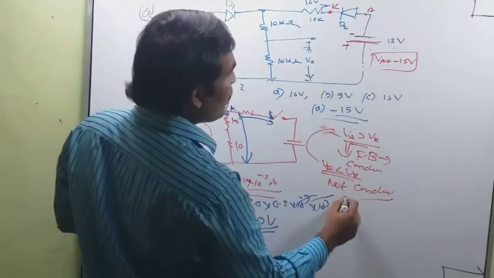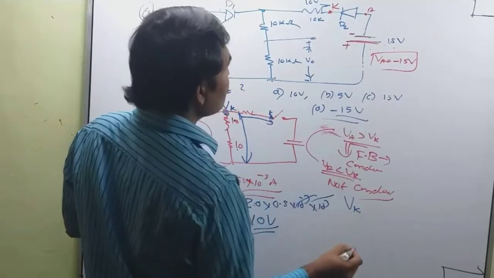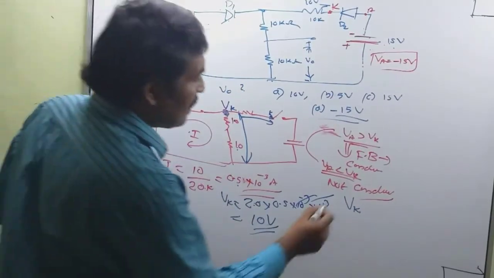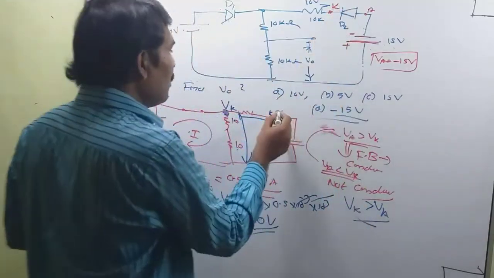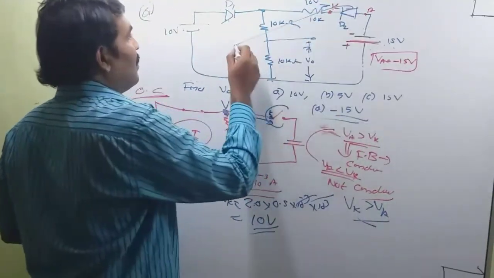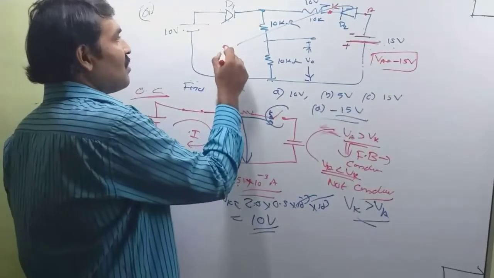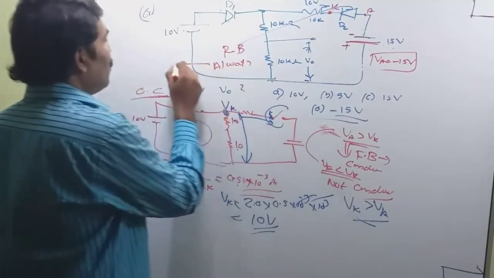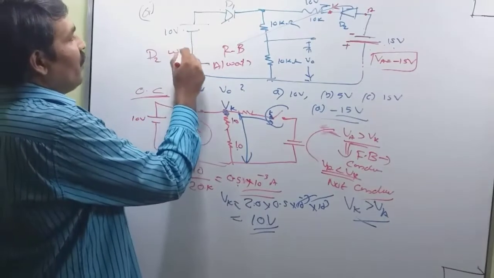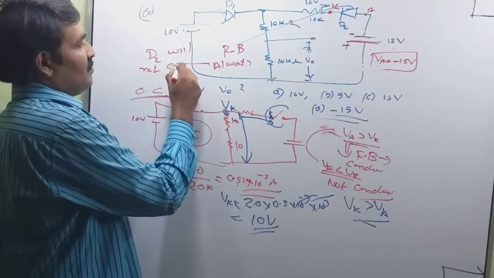That is, VK is greater than VA. So this diode is in reverse bias condition always. So D2 will not conduct.